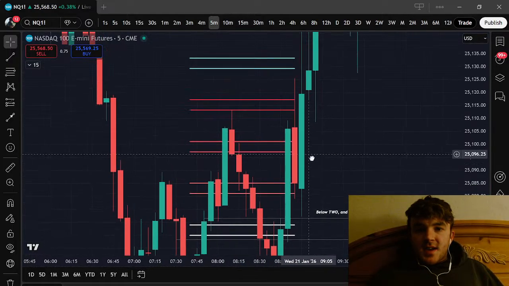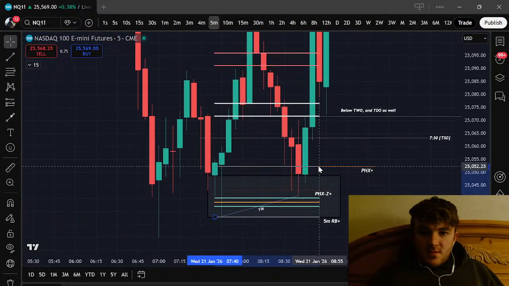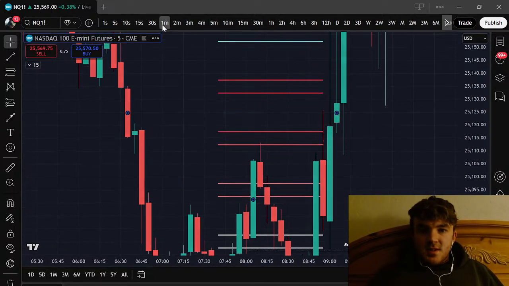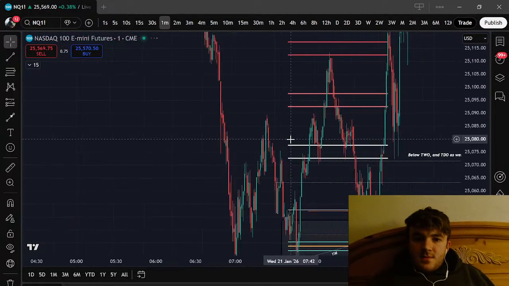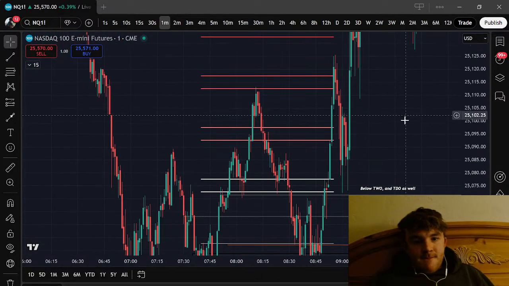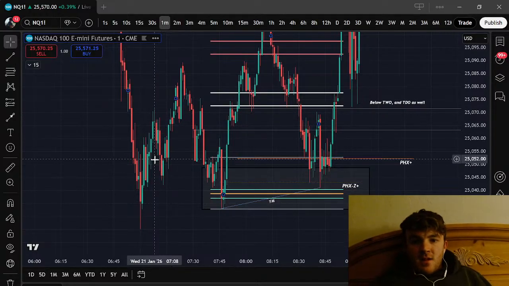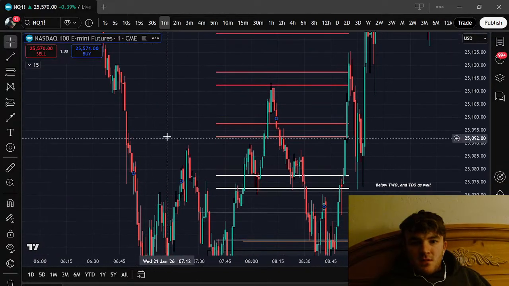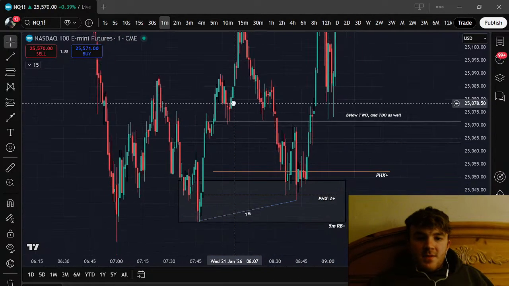I gotta measure it out like that. Because if I measure it out like this, you might be able to measure it out like that. Yeah, that's probably fine.